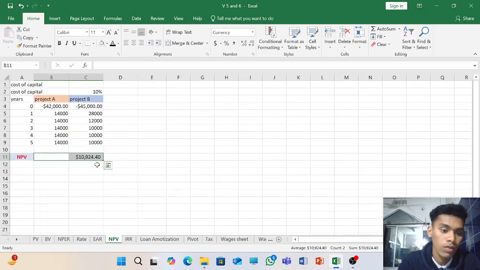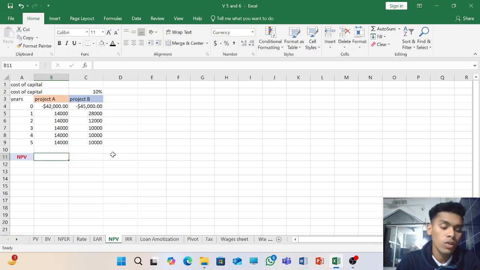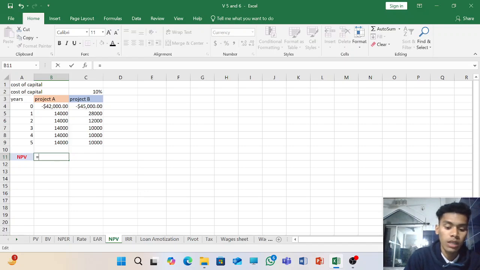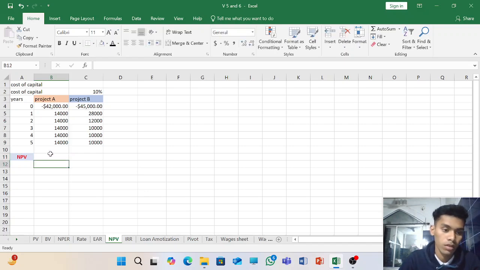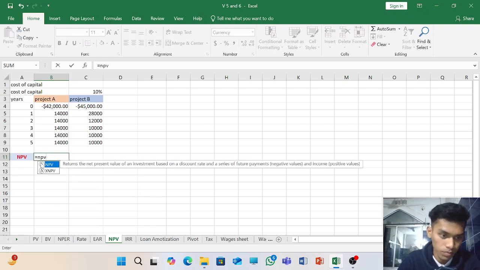So now we calculate the NPV, net present value. Net present value represents which project is the best in the company. Here are the two projects, project A and project B. First of all, the formula of NPV equal NPV. We need the rate.